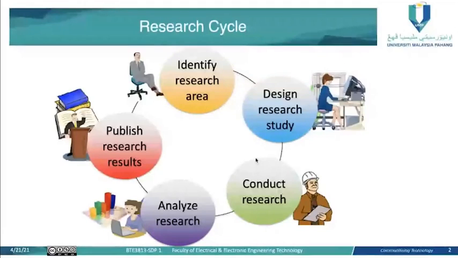So you start to identify your research area. Does it belong to robotics? Automation? Internet of Things, wireless communication, renewable energy, whatever area your project will focus on? So you start to identify the keywords of your title.